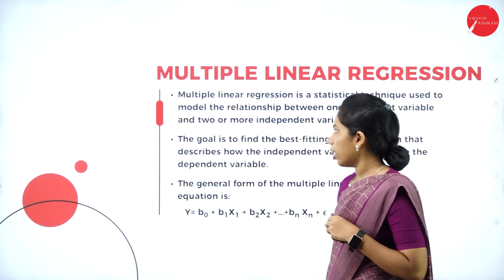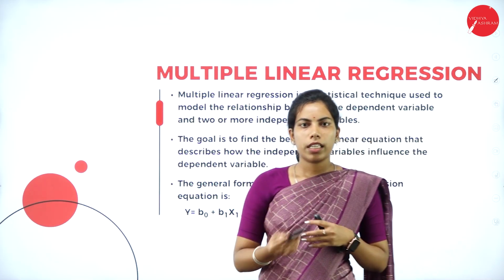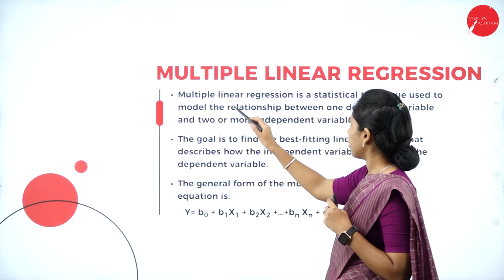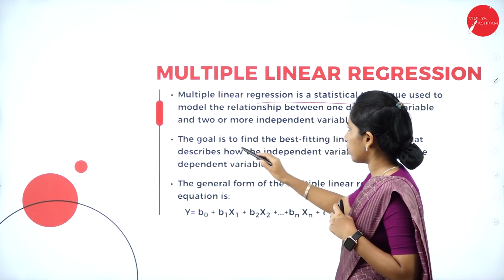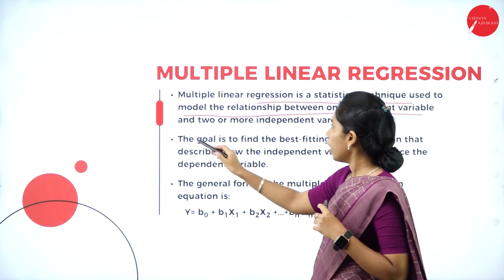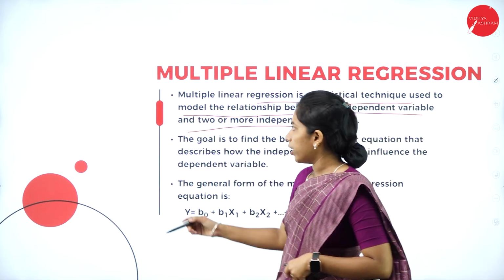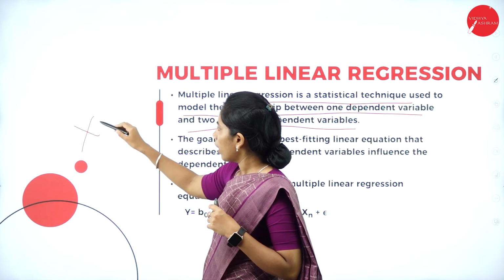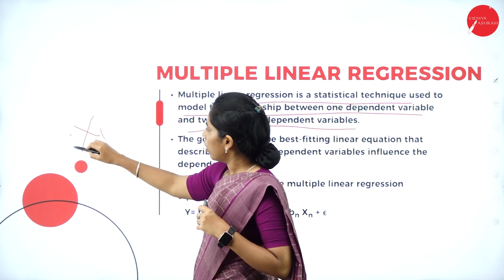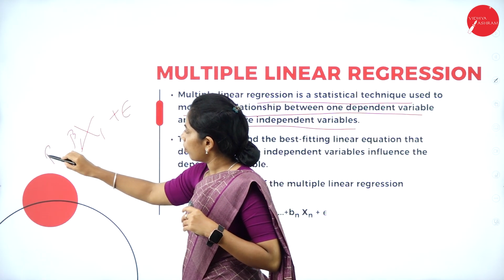So here you can see multiple linear regression. Multiple linear regression is nothing but a statistical model of the relationship between one dependent variable and two or more independent variables. So as I already told, here you can see x, x1, b0, b1, x1 and also b0.